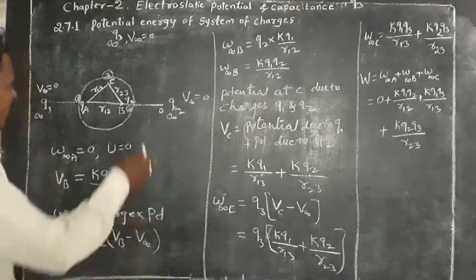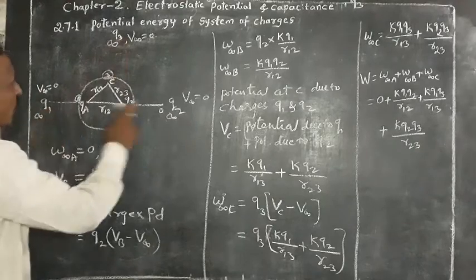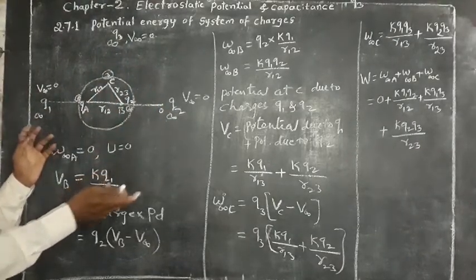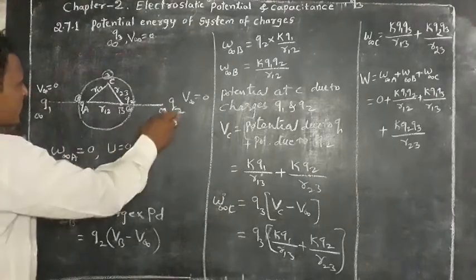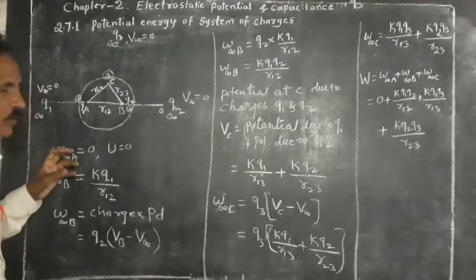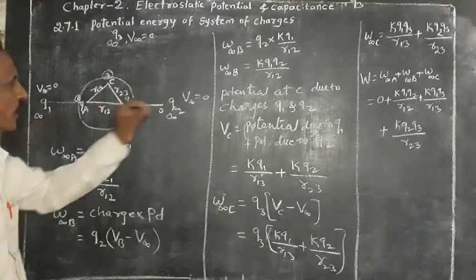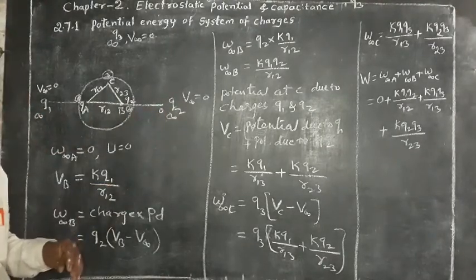In the initial configuration, Q1, Q2 and Q3 are at infinite distance, so potential is 0 and potential energy is also equal to 0.